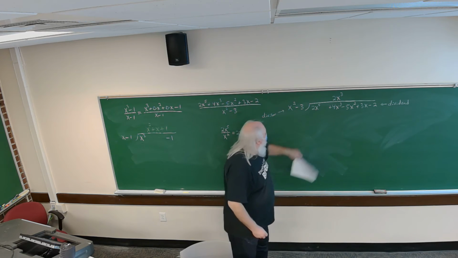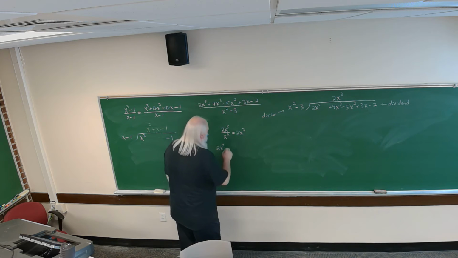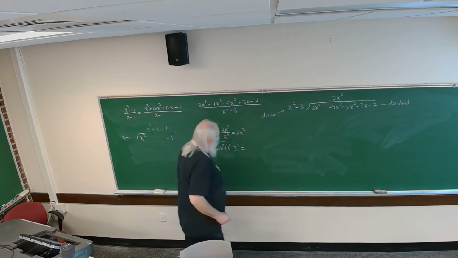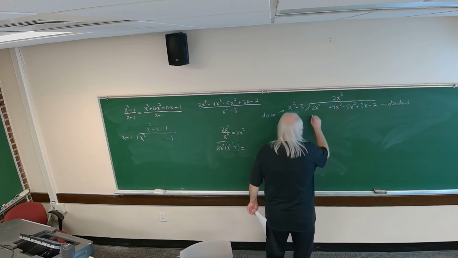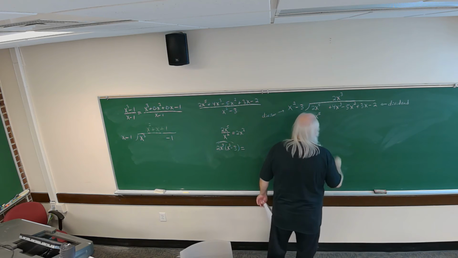And now you have to do 2x cubed times x squared minus 3. You distribute the 2x cubed, and you get 2x to the 5th minus 6x cubed.